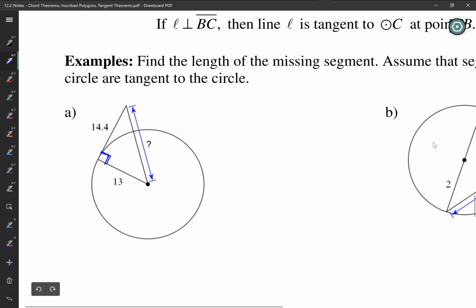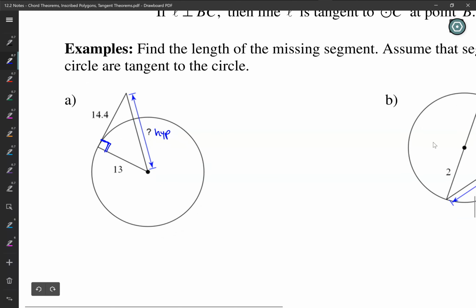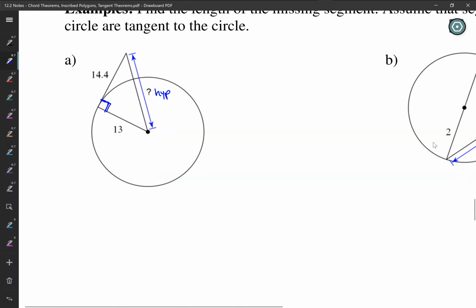So I have a right triangle, and I'm trying to find this side over here, which is right across from the right angle. So this is the hypotenuse. So I can use the Pythagorean theorem here. These are the legs, that's the hypotenuse. Leg squared plus leg squared equals hypotenuse squared. I'm just going to call this X instead of question mark.